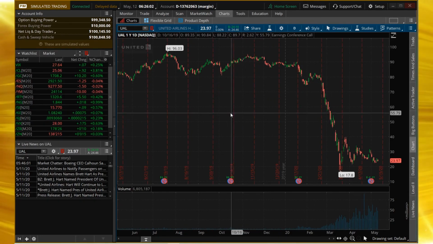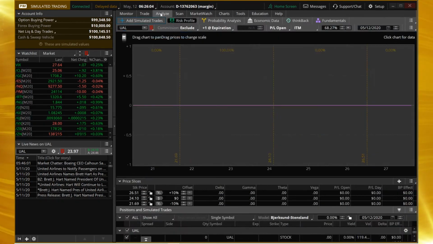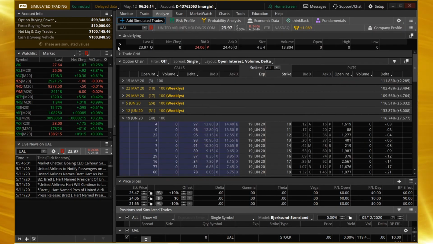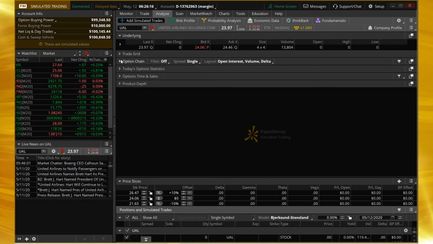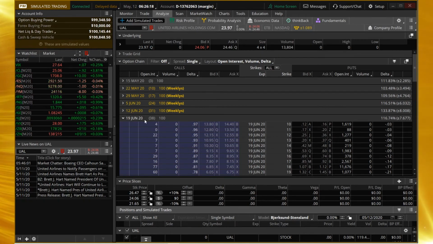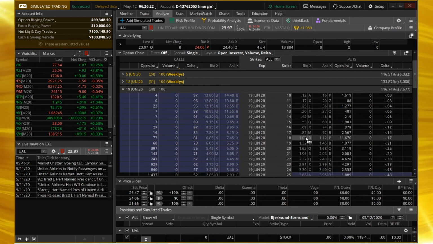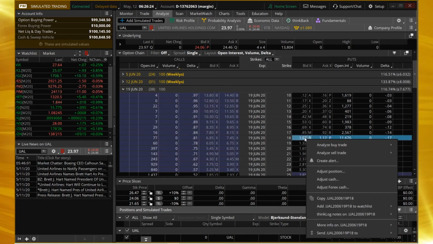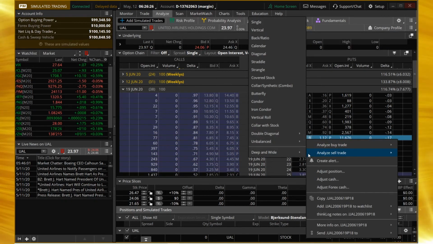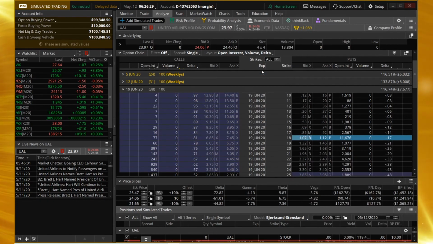With that said, let's head up to the Analyze tab, and in UAL, we're going to look at the June monthlies, and we're going to go to 18 over here on the puts. We're going to right click, choose Analyze Sell, and go up to Strangle.